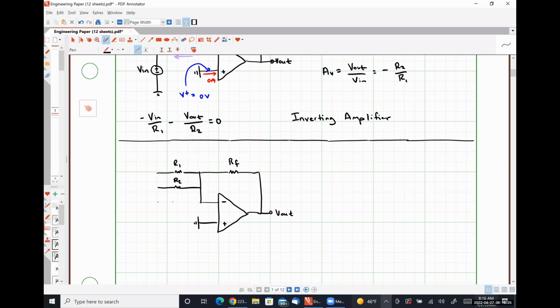Call this R2. Let's call this guy R3. We could have just two. We could have as many as we wanted here, but I'm just going to derive this for 3 particularly.